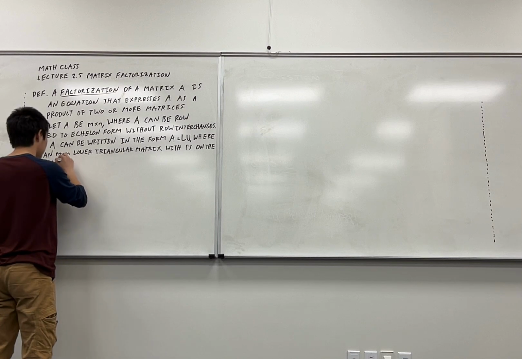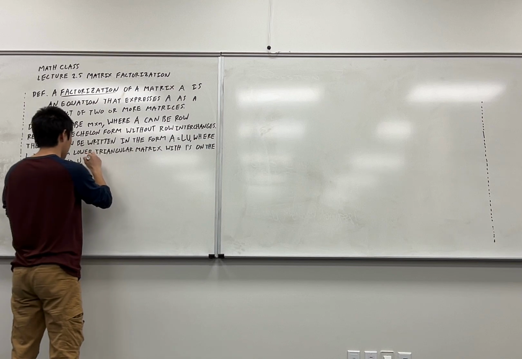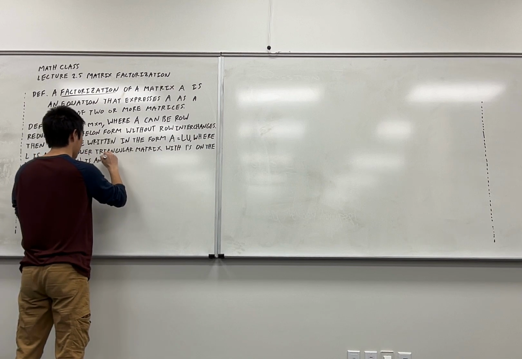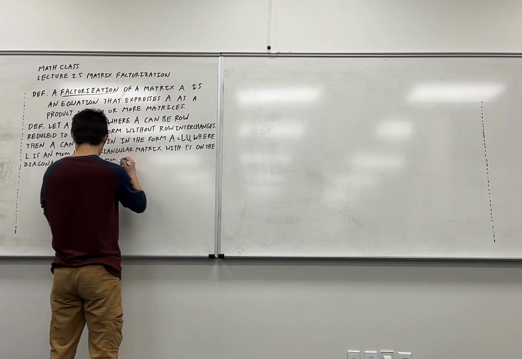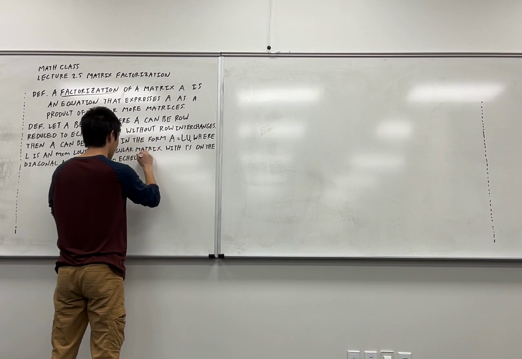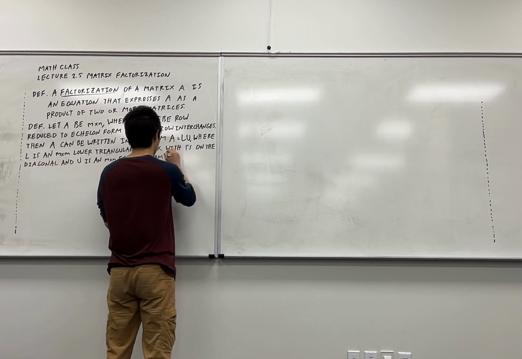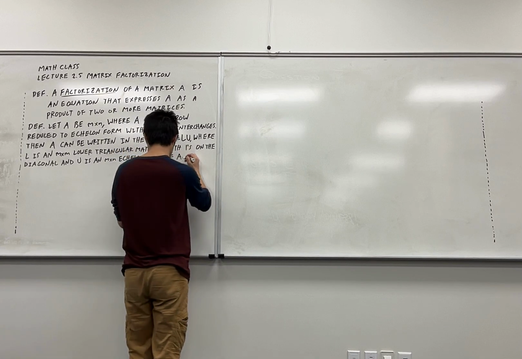And U is an m by n echelon form, the less strict version, echelon form of my original matrix A.